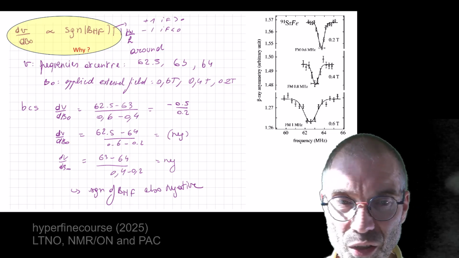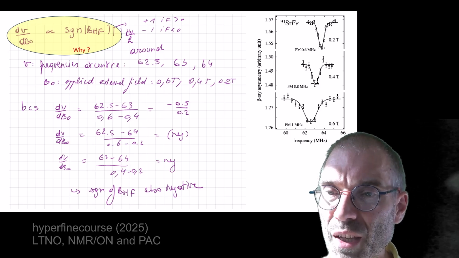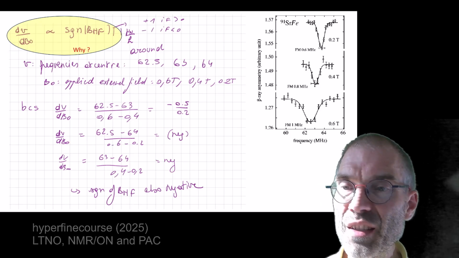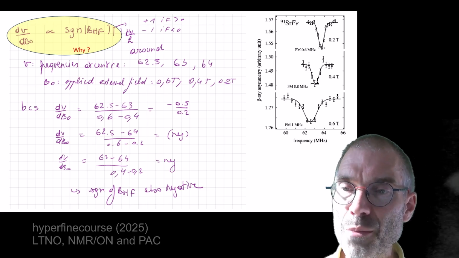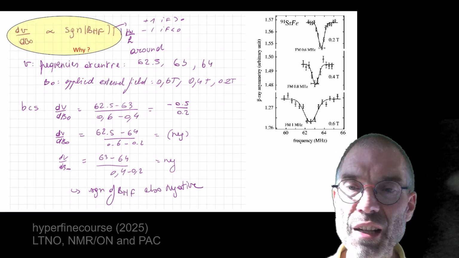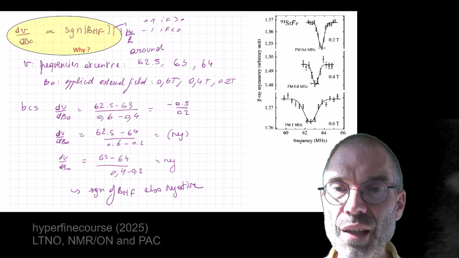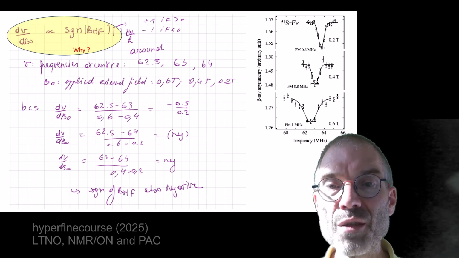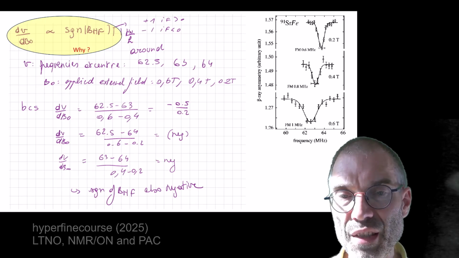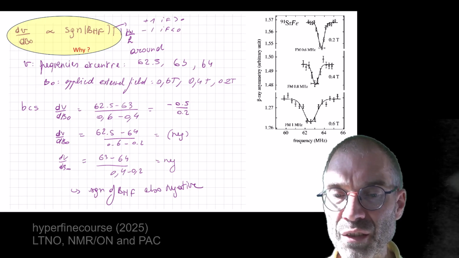So I show here one of the answers where it is said the derivative of the resonance frequency with respect to the applied field, that is related to the sign of the hyperfine field. If that derivative is positive, the hyperfine field is positive. If that derivative is negative, the hyperfine field is negative.